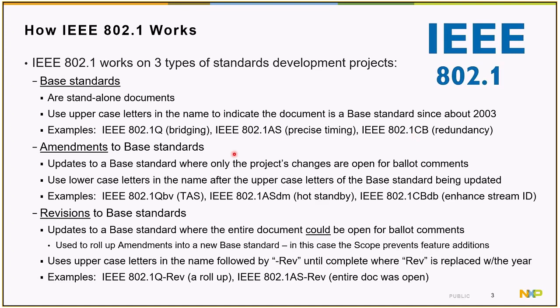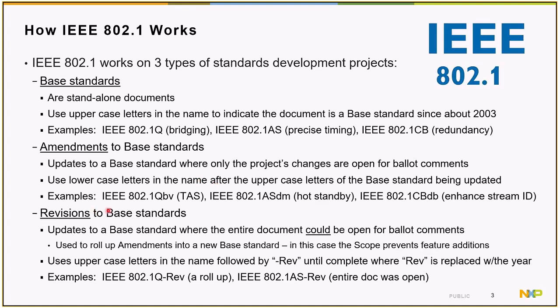Now, amendments to base standards are updates where only the project's changes are open for ballot comments, and we'll cover why that makes sense. They use lowercase letters in the name after the uppercase letters of the base standard being updated.